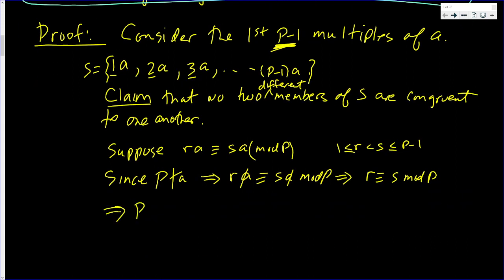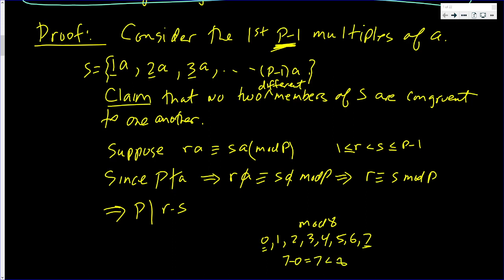That implies that P must divide the difference. But this can't be. For example, if we're in mod 8, the only numbers that we're going to talk about are those 8 numbers. The biggest subtraction you can get is when you do the largest minus the smallest, which is 7. And that's less than 8.